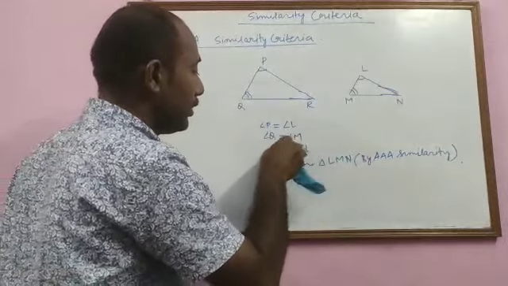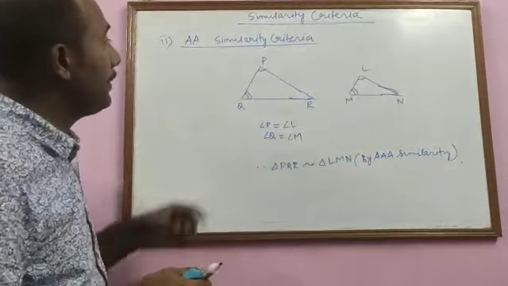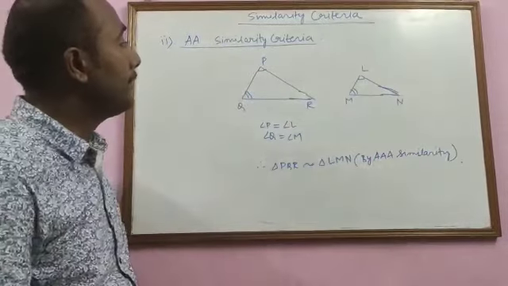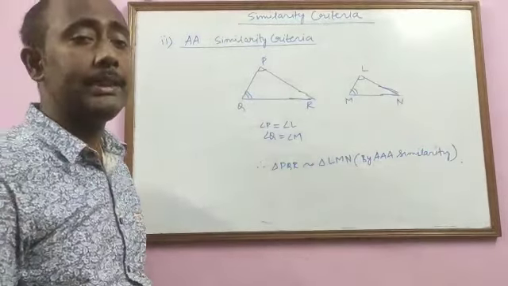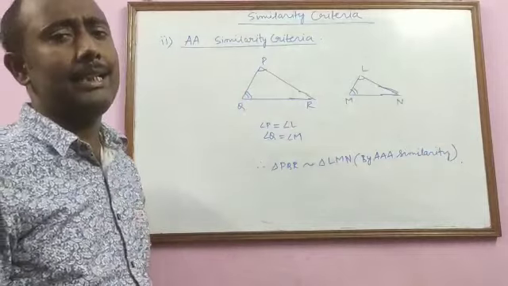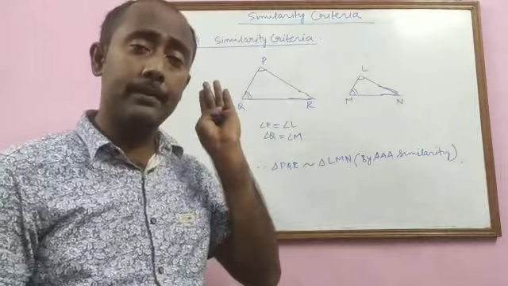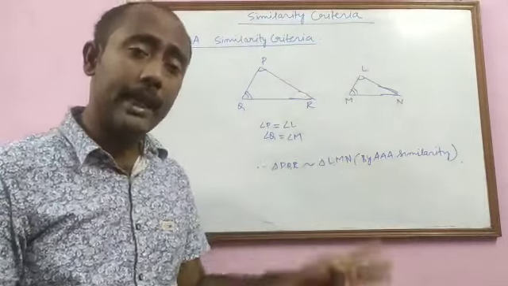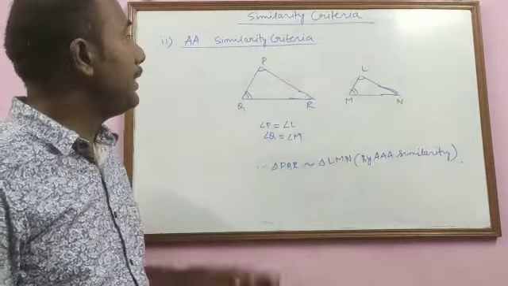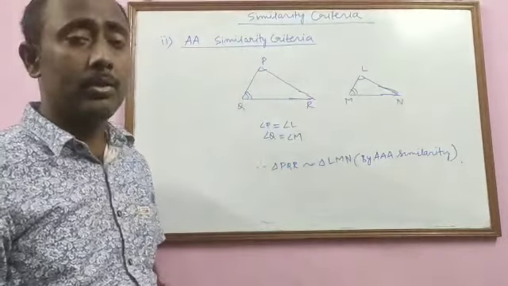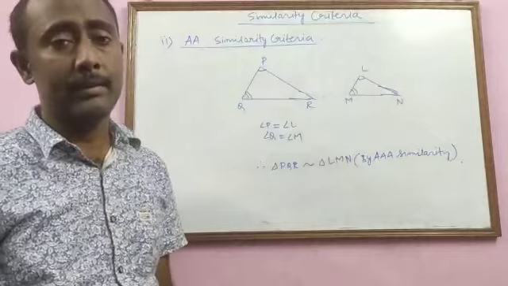The third has no role to play. So when we come across a question where we find that two angles are equal to the two angles of the other and the third angle is not given, there is no need to calculate the third angle by the angle sum property of the triangle. Simply use angle, angle similarity criteria to prove the two triangles similar.